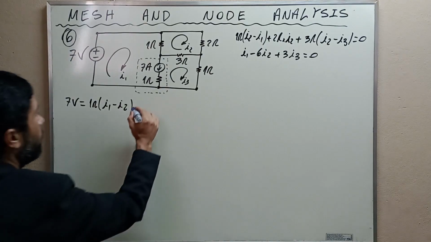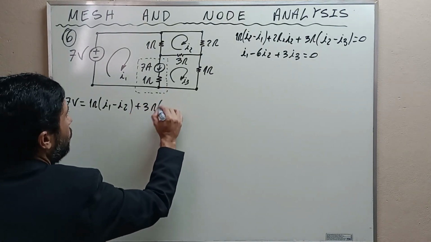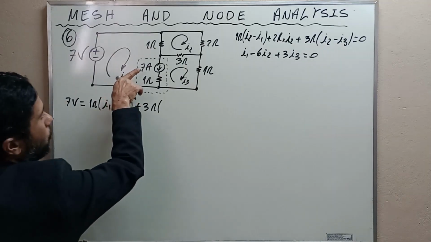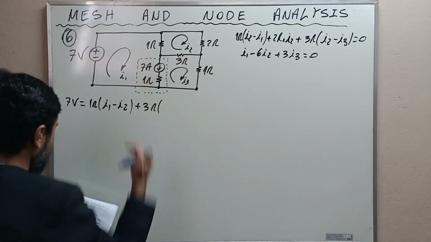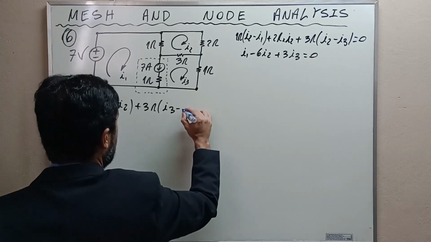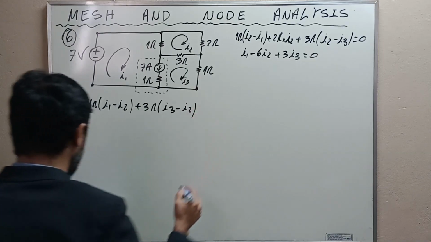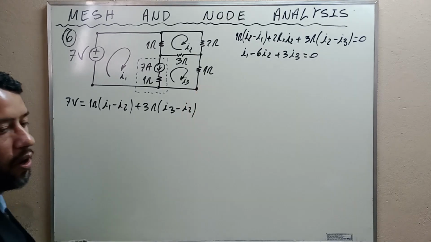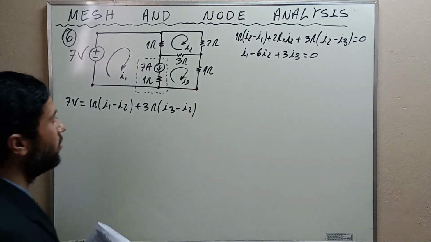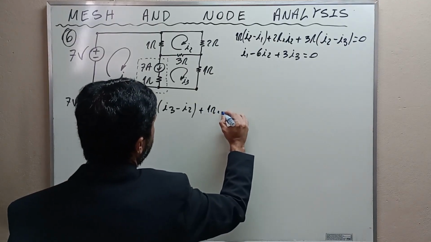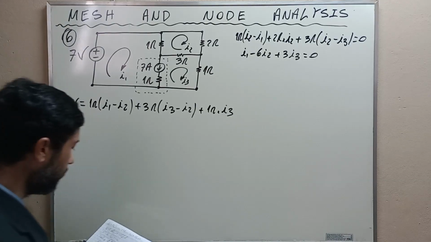Then it is 3 ohms, current I3 goes this direction and I2 this direction, I3 minus I2, and through this 1 ohm resistor passes I3, plus 1 ohm times I3, okay?